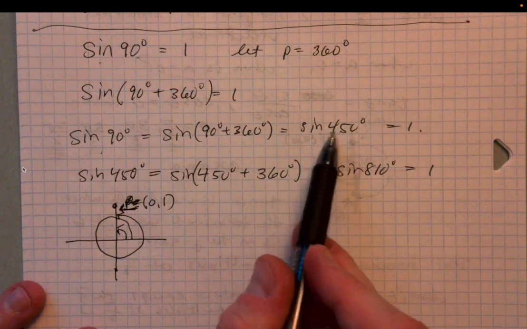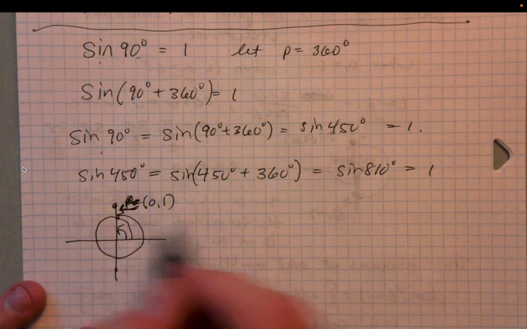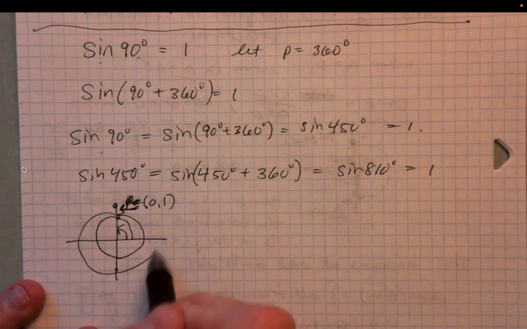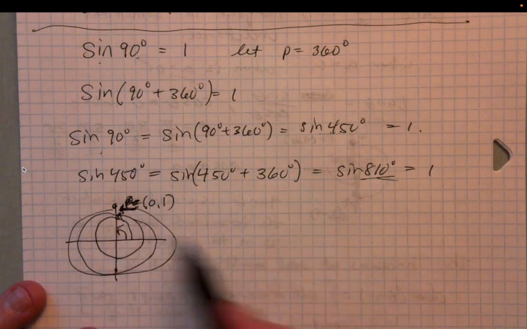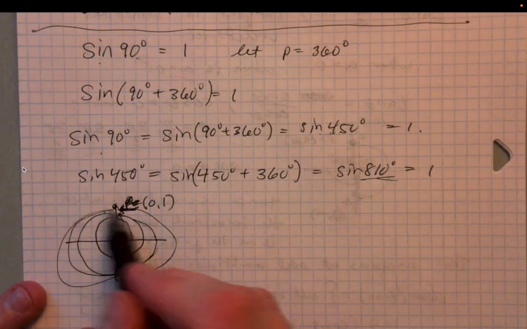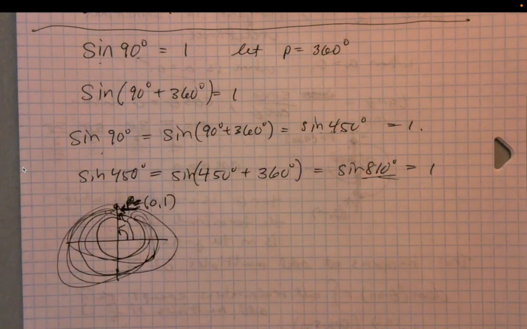So that's 450 degrees. Again, we're at 1, landing in the same place. Then if I want to go around again, that's 810. I can go around again, another 360. And every time I go around, I land in the same place. That's what is meant by periodicity here. In the context of the trig functions, that's all that is happening. It's just going around until the values align again.